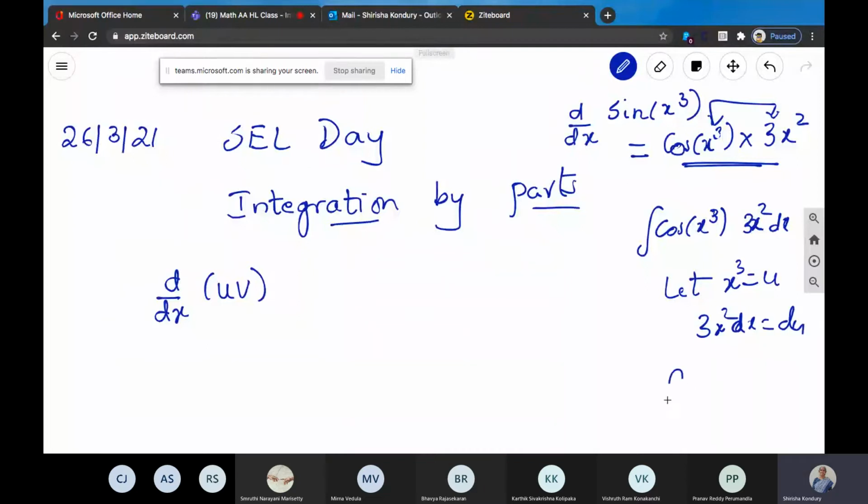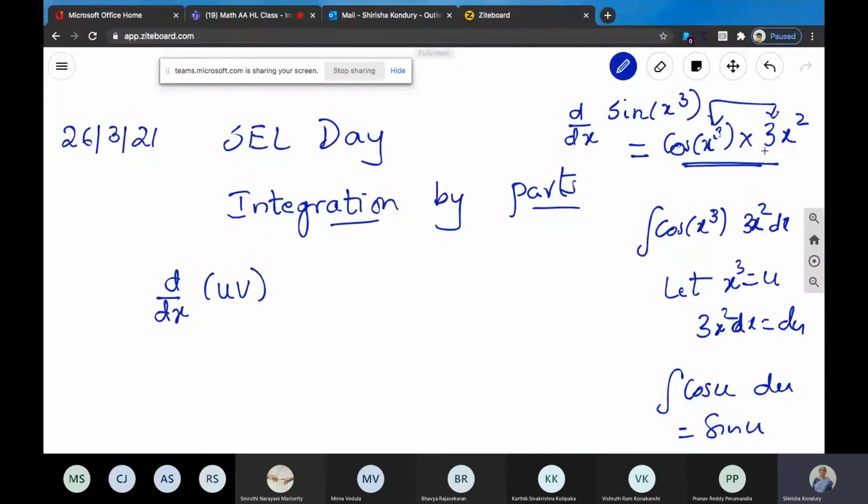And so my integral will become the integral of cos u du, which is nothing but sine u, and u is x cubed, so sine x cubed. So I got back, right?